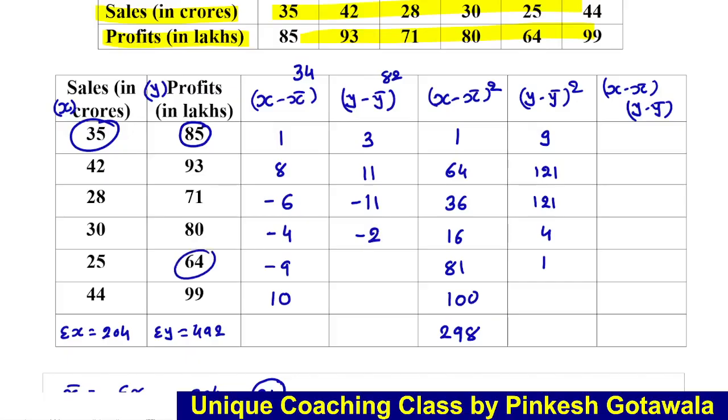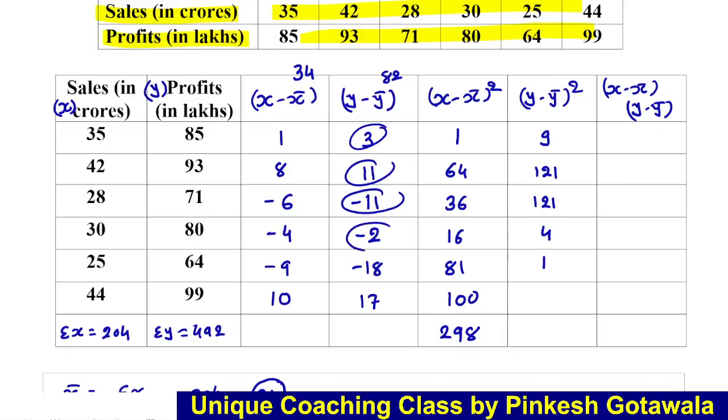Minus 2. 64 minus 82, minus 18. 99 minus 82, 17. Okay. Now 3 square 9, 11 square 121, 11 square 121, 2 square 4, 18 square 324 and 17 square 289.